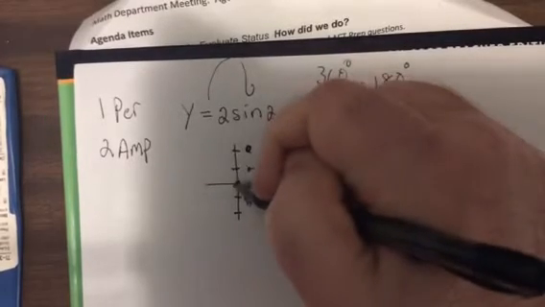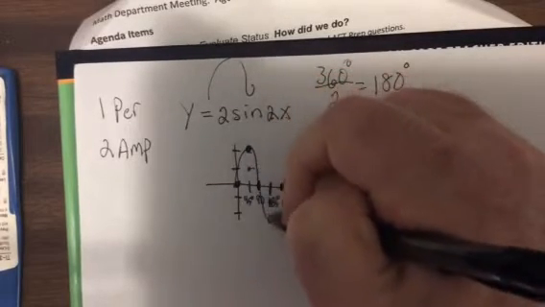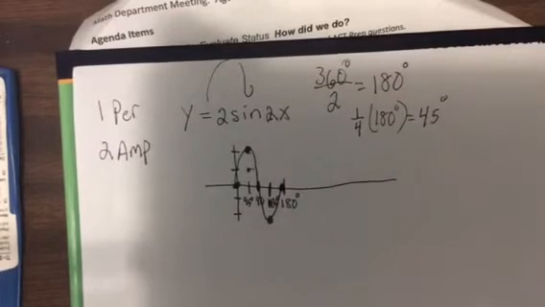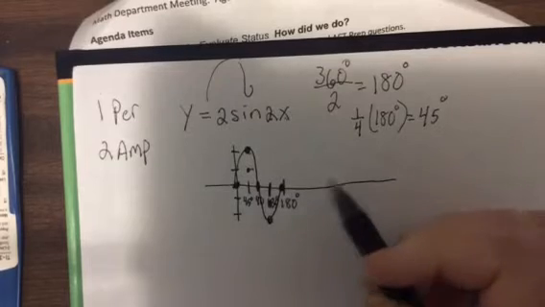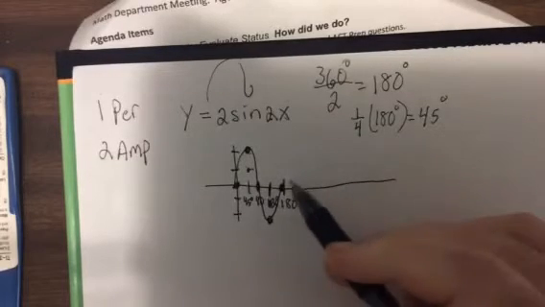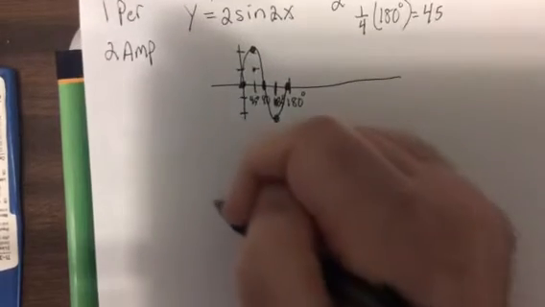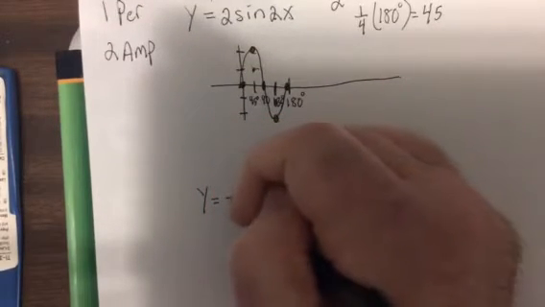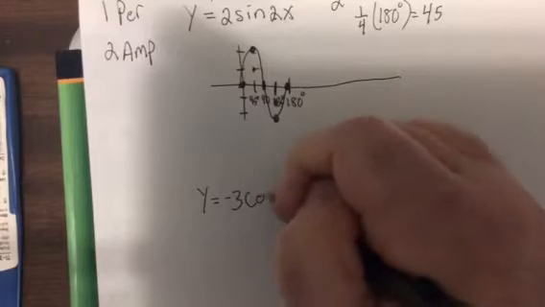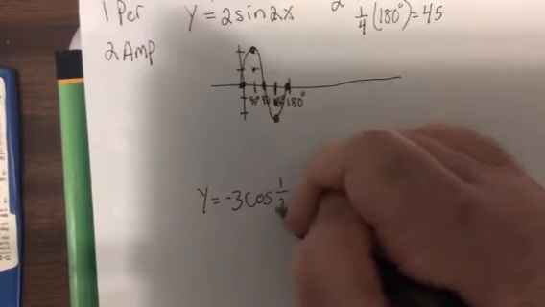Then just connect it. Now that's one period. If I wanted 2 periods, I'd go all the way to 360 and then every 45 degrees.